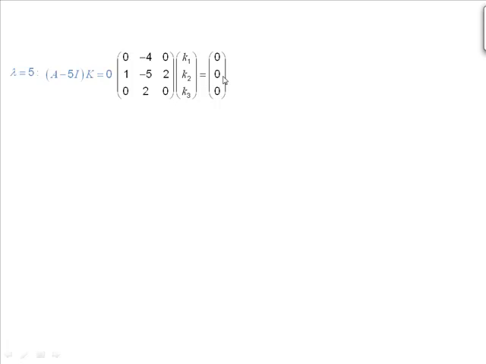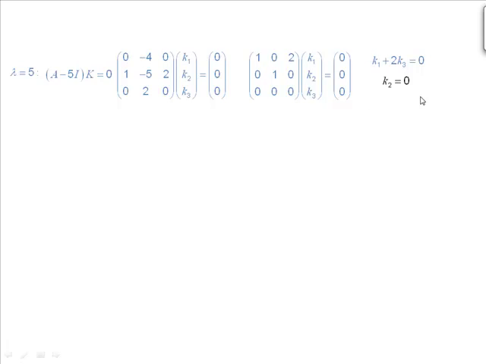And we form a system of coefficients that can be reduced using row operations to 1, 0, 2, and 0, 1, 0, and 0, 0, 0, to tell us that k1 plus 2k3 equals 0, and k2 is equal to 0.